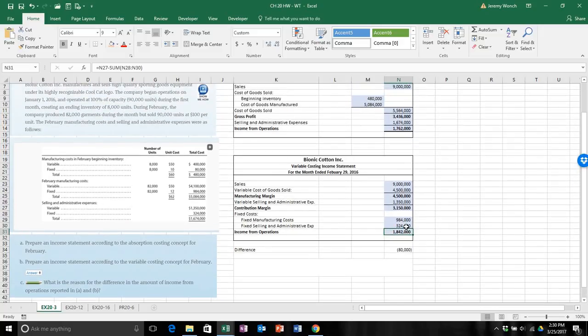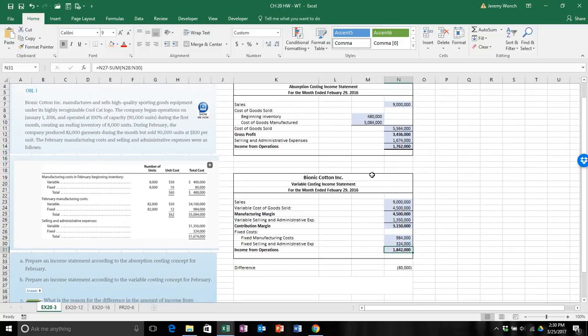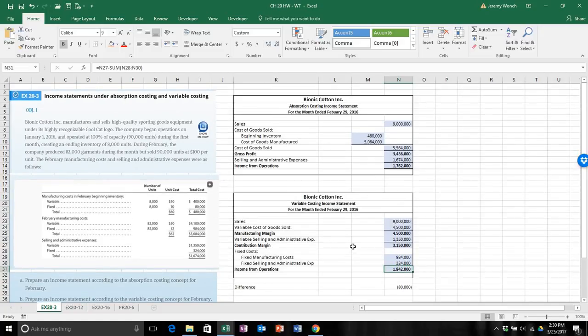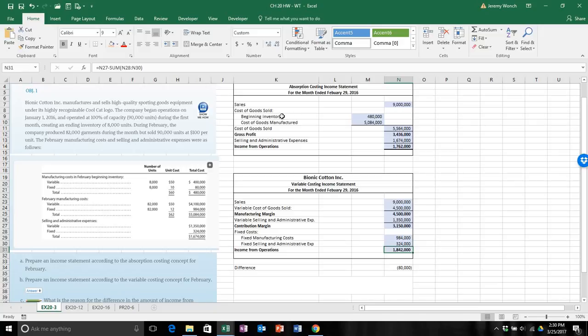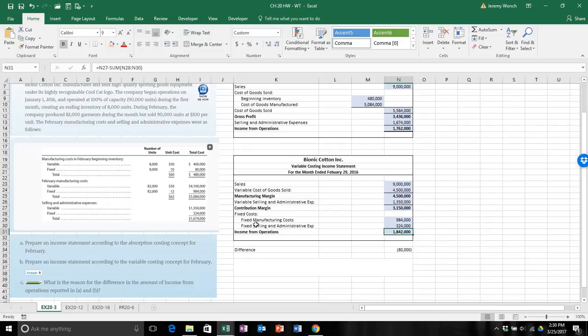The difference between these two methods is that in absorption costing, we're assigning all of the costs related to the product sold, which included our beginning inventory and what was produced during the period. With variable costing, we're taking the fixed costs incurred during the period. So that $80,000 difference is the $80,000 of fixed costs from our beginning inventory.